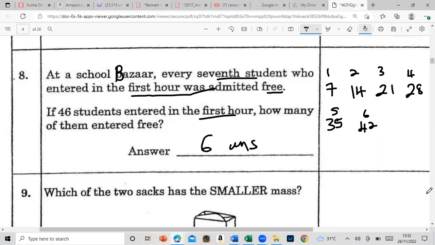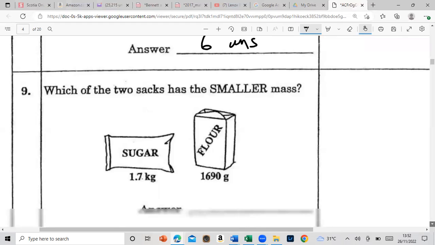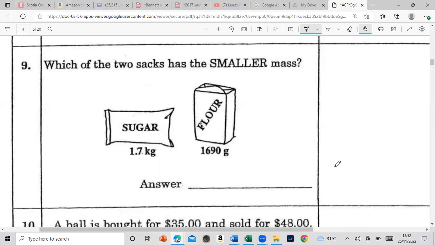All right, let's move on to number 9. It says, which of these 2 sacks has the smaller mass? This is 1.7 kilogram and this is 1,690 grams. 2 different units. What I'm gonna do, I'm gonna convert this to grams.